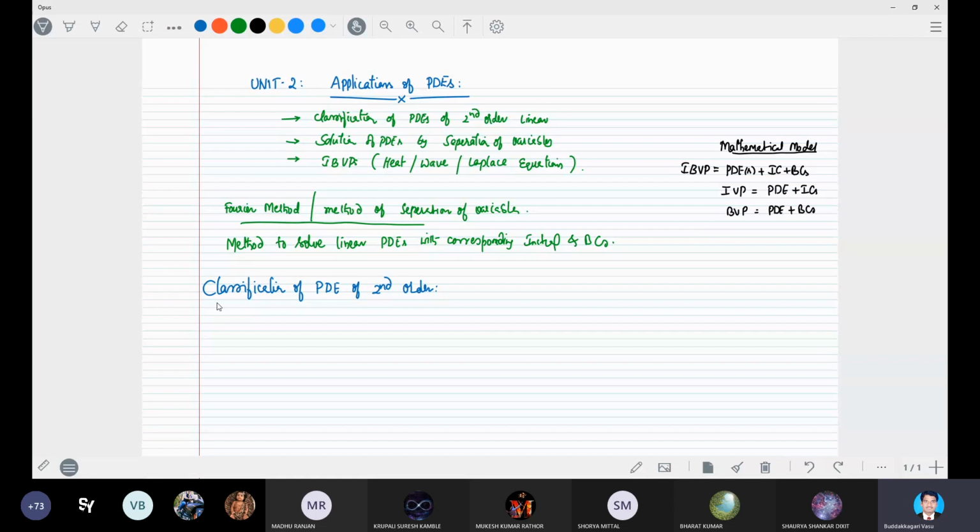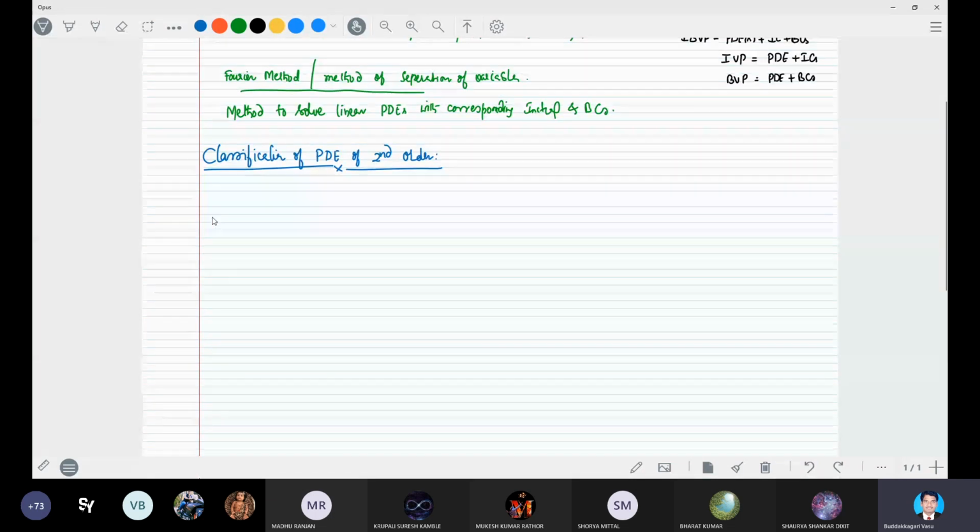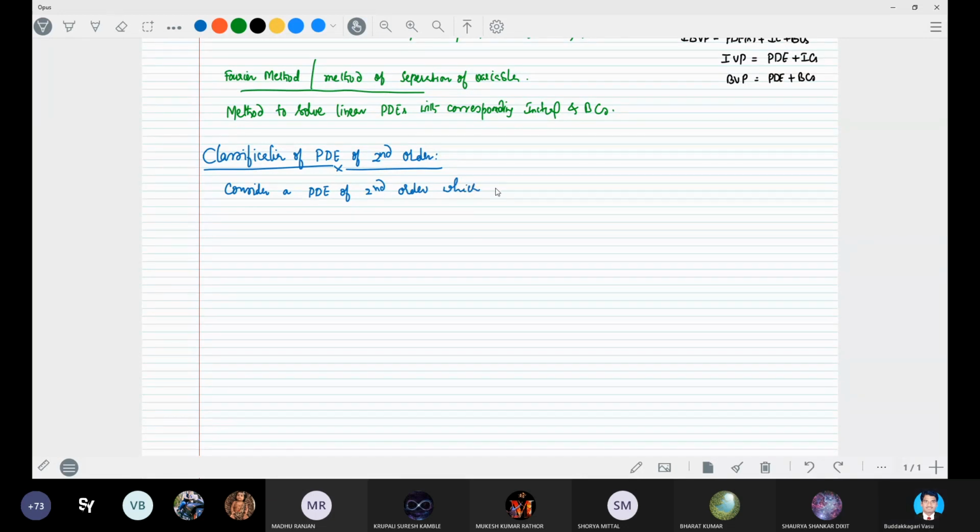How can we classify them? So here consider a partial differential equation of second order, which is linear and homogeneous.